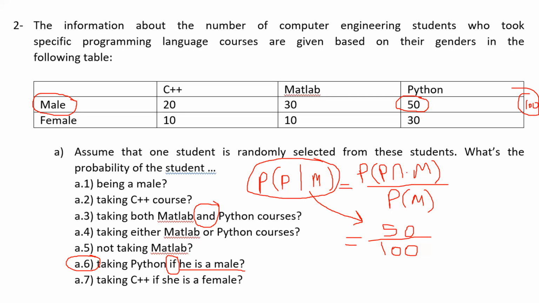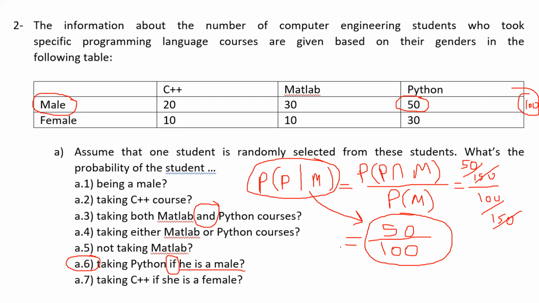So let's see if I have used the formula, do I reach the same? So here you see we have 50 over 150. And for this one, we will have 100 over 150. So these two will be eliminated and we will have 50 over 100. So you see directly, when we have the table, we don't even need a formula for that.